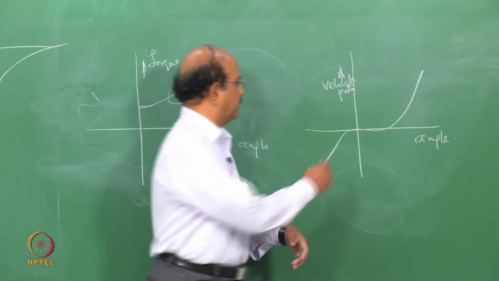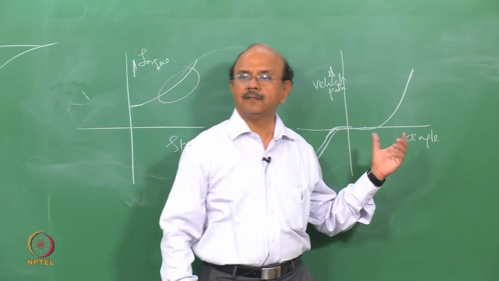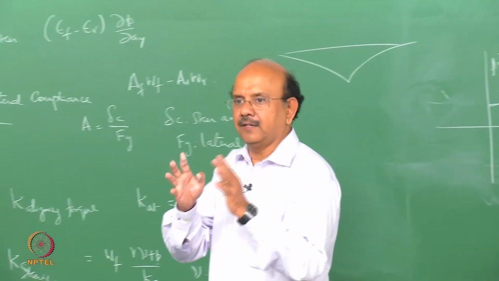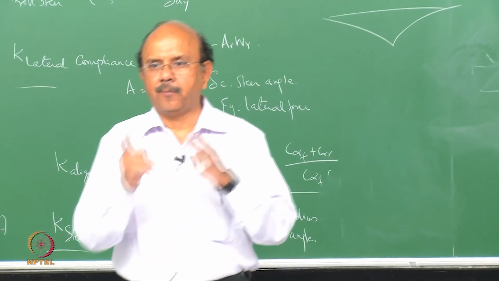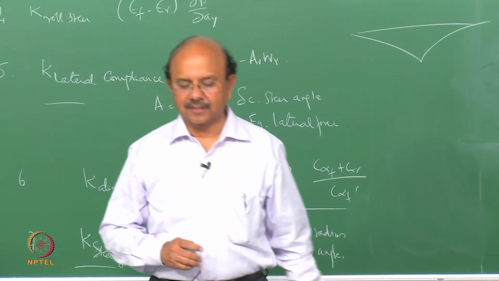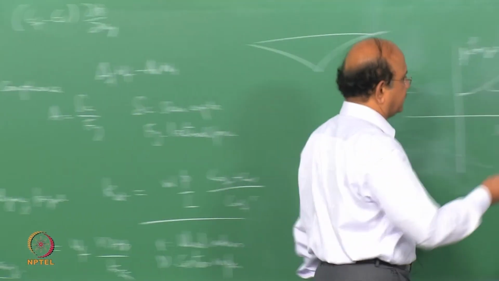Let's say that it's symmetrical about the center. Look at this. There is an angle of the steering after which a path change is going to take place. This is very important. This is called the dead length.